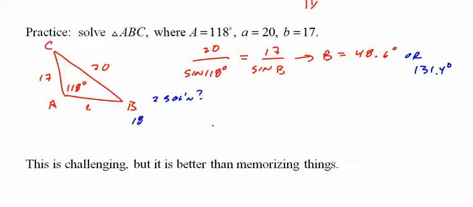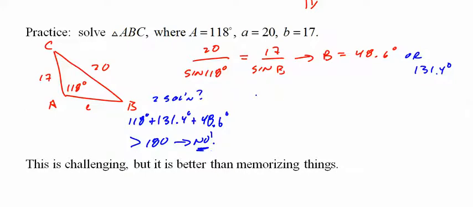Well, obviously 118 plus 131.4 plus 48.6 is greater than 180. Just one solution, which is nice.